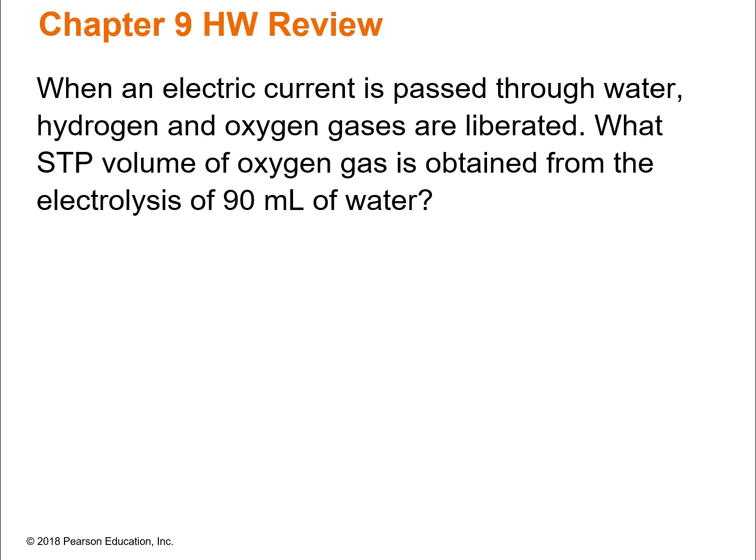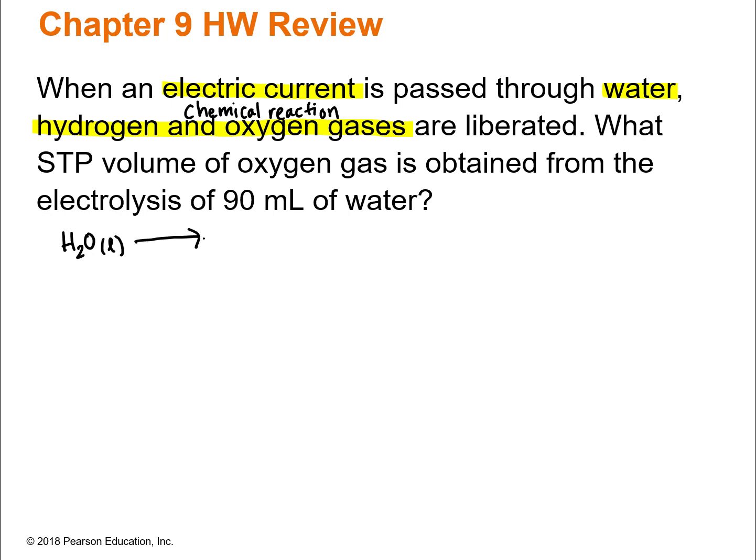This does not have a chemical equation associated with it, but you're told what that reaction is in the text. You have a current pass through water, and you make hydrogen and oxygen gases. All of that is your chemical reaction. So to write this, we've got water.